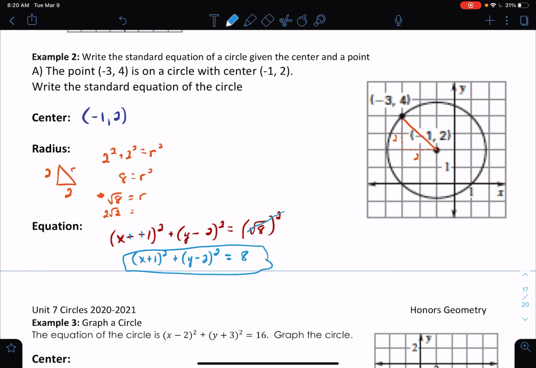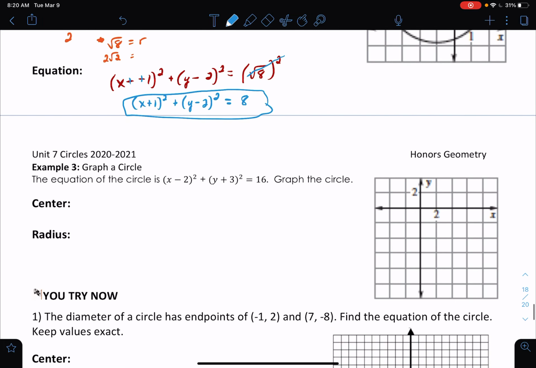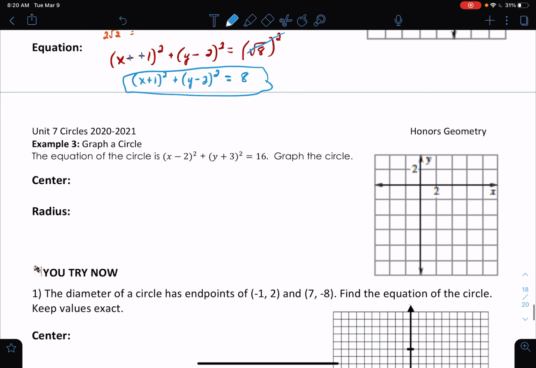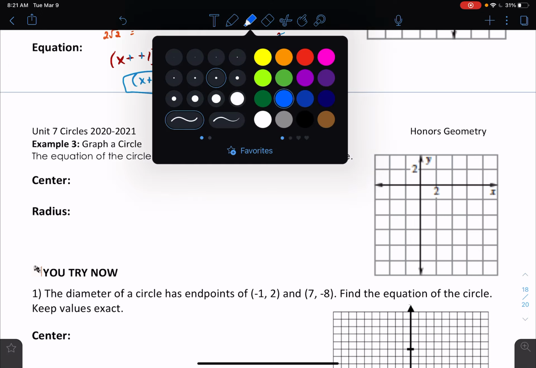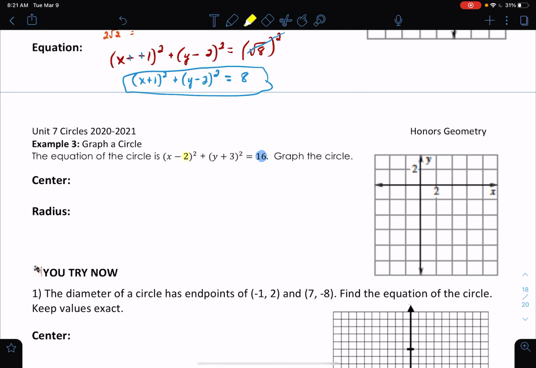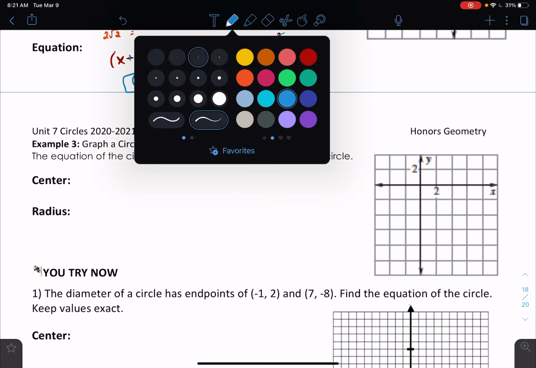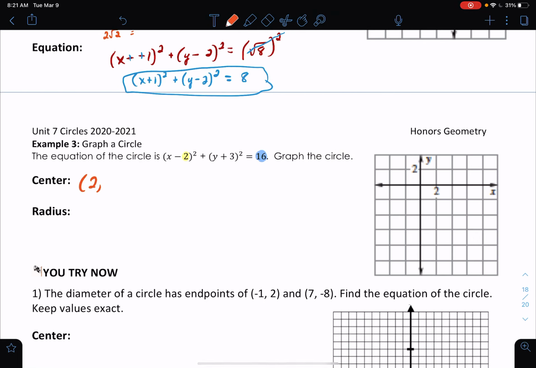All right. Now, the issue I see with students is probably when we get into graphing. And it's mainly because of this right here. So the center, we can see that the h value follows the subtraction sign. So our center x-coordinate is going to be 2.